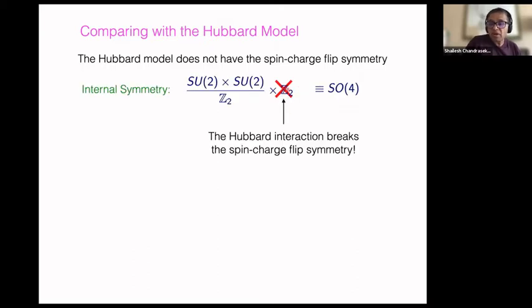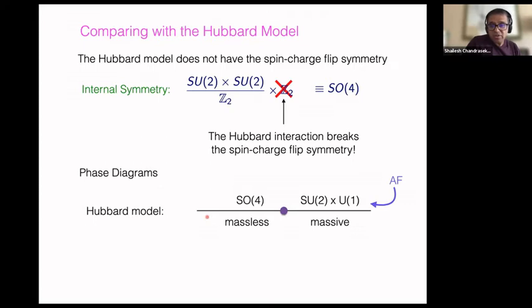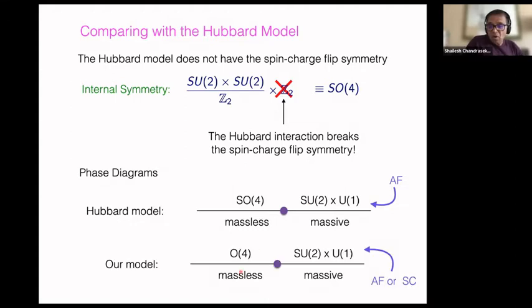So this Z2 is gone, and you only have an SO4 symmetry. Now that SO4, of course, breaks in the usual way. So in the Hubbard model, you have an SO4 symmetric phase with massless fermions, and then you get a massive phase with antiferromagnetism. In our model, it looks almost the same, except that this is O4, and the spin charge flip symmetry is also spontaneously broken.